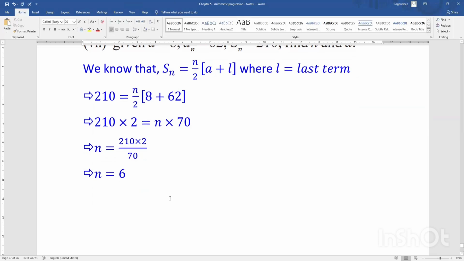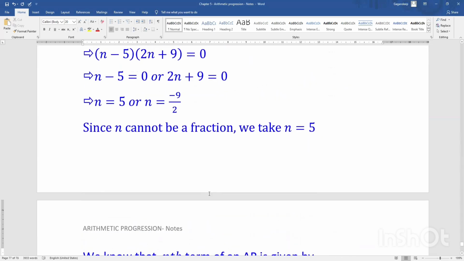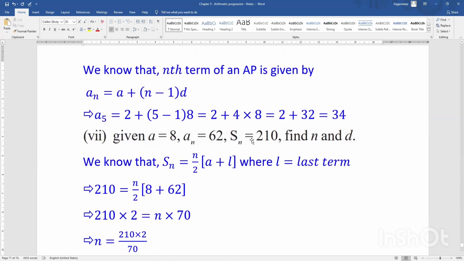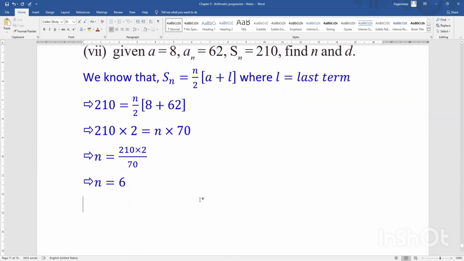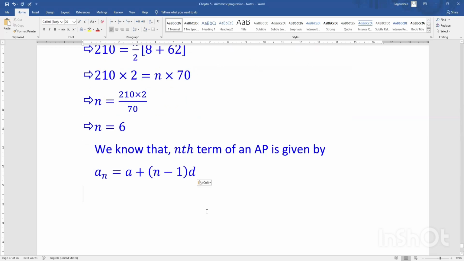Next, we need to find out d also. For this, I'm going to take the an formula. So let us write the an formula.